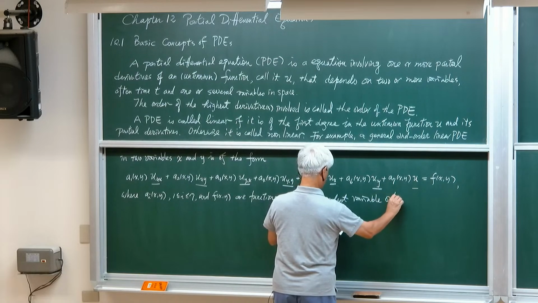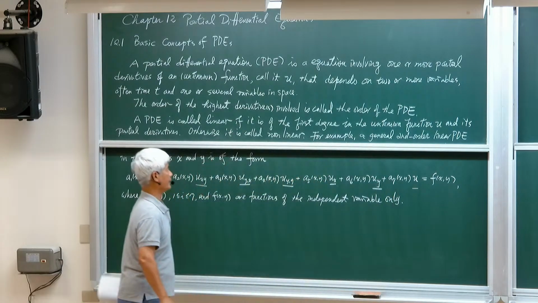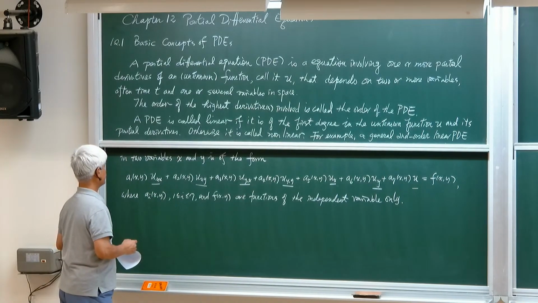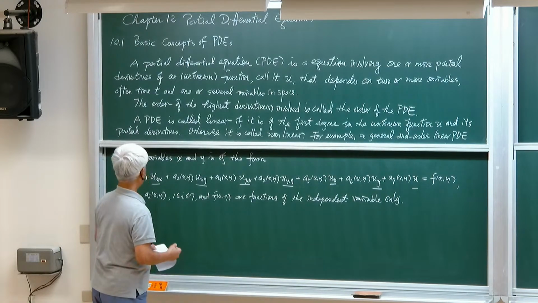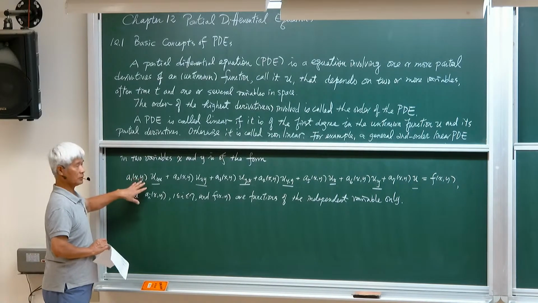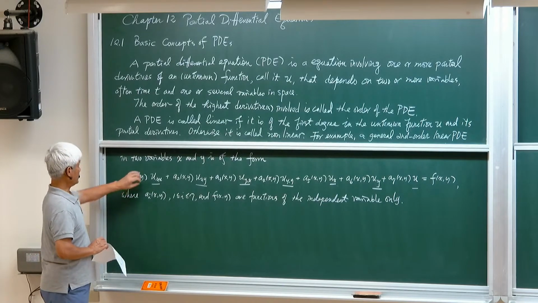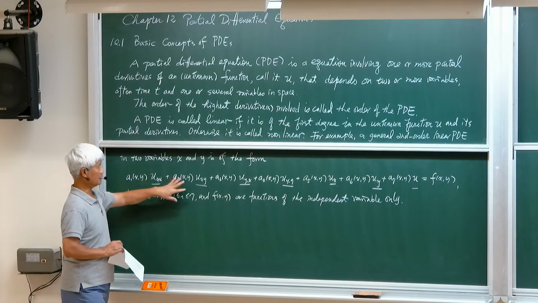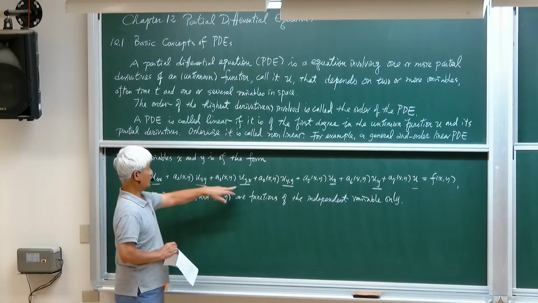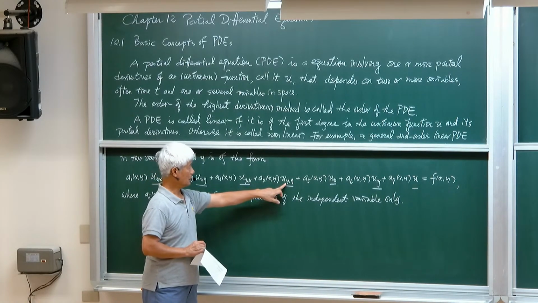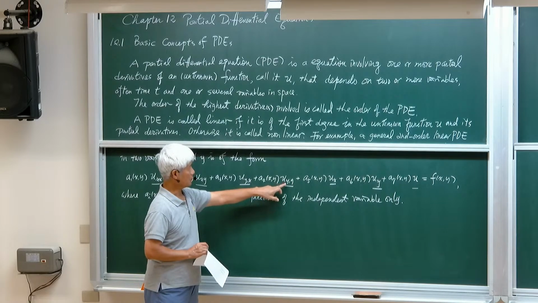Okay, and then this a1 function is called the coefficient of these several partial derivatives, etc. For example, the a4 function is the coefficient function of the term u_yy.